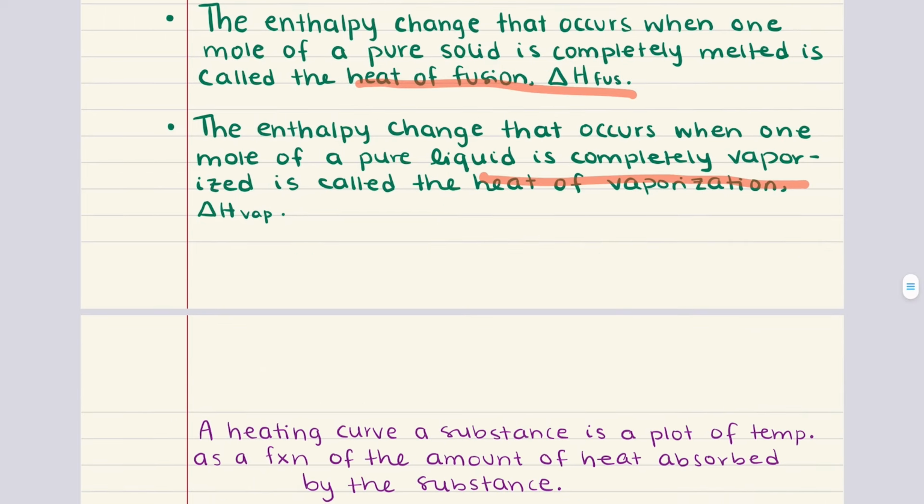Now, the heat of vaporization of a given substance is generally much higher than its heat of fusion. So think about it like this. When a substance is vaporized, its intermolecular forces have to be completely overcome so that the molecules can be totally separated and they can be in the gas phase.